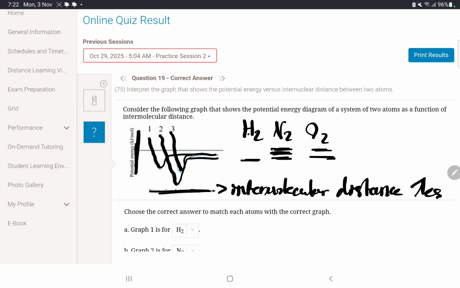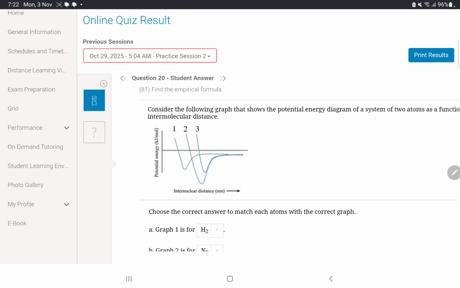But then the second one, we start looking at it normally. Graph 2 is for N2. We all know that the triple bond is the shortest bond, so 2 has to be shorter than 3, because 3 is O, and O makes a double bond. And obviously the triple bond is stronger, so we go deeper, which is why graph 2 is for N2 and graph 3 is for O2.